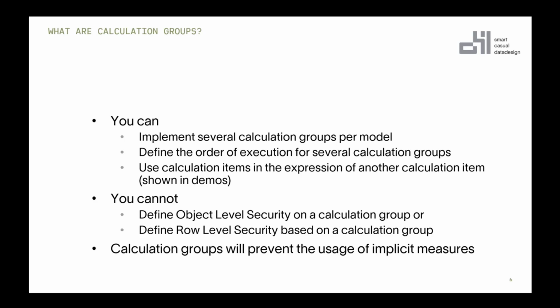Typically in Analysis Services, explicit measures are preferred, so you're really writing a measure string saying measure A does sum of this column. And if you're creating calculation groups inside your model, this setting is set automatically, so the usage of implicit measures will be prevented afterwards.